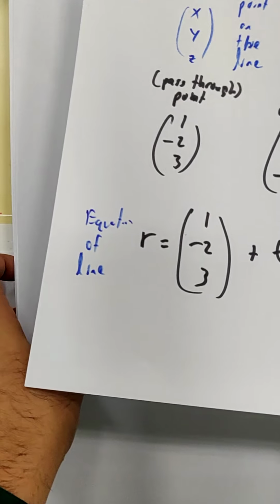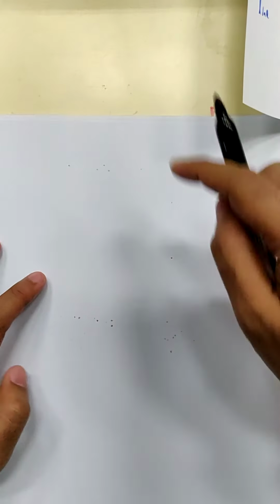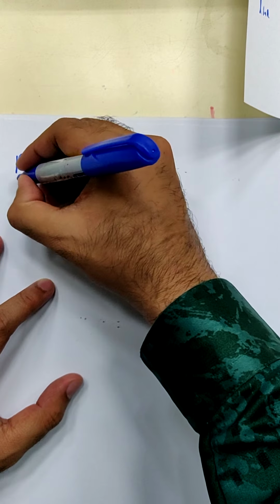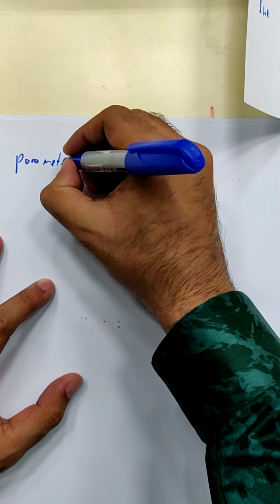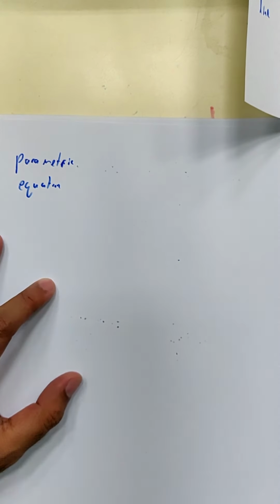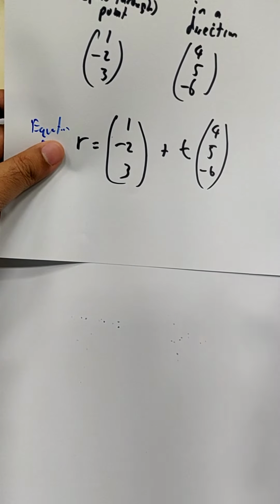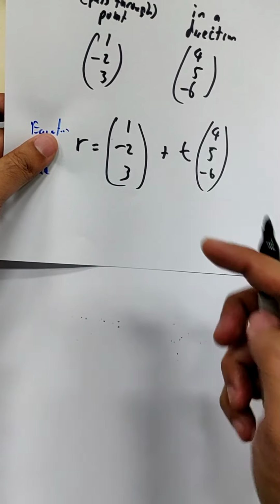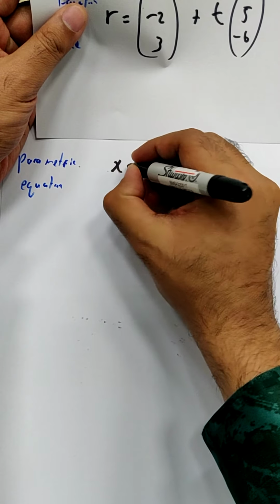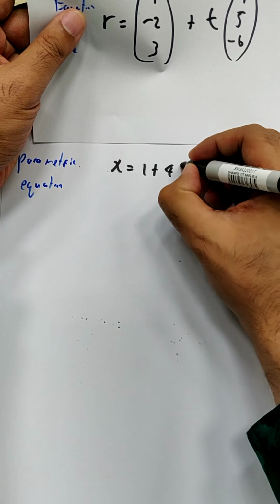There's also another way for you. There are two more forms that you can write it down, such as the parametric equation. So this one here, what is r again? r is x, y, z. So you write down the parametric equation as x equals 1 plus 4t.